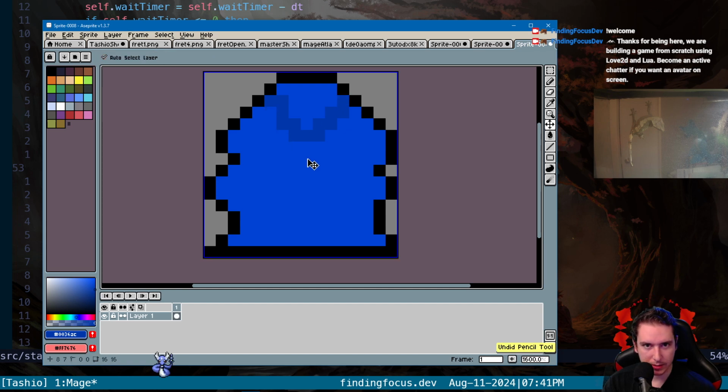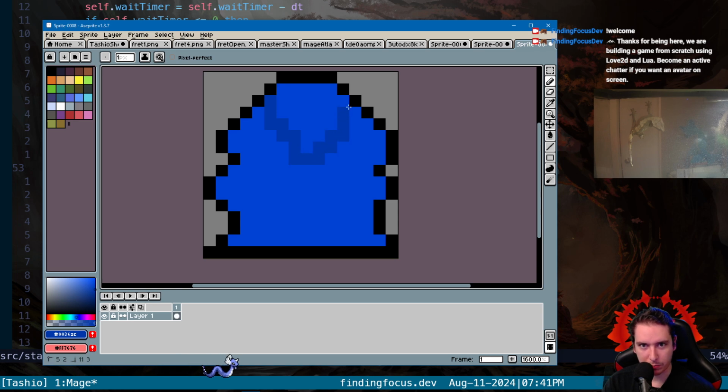Maybe there's a back of the hood that's flopped over back here, you know? So maybe we can do that. So his hood might be flopped over, and maybe that is giving a little bit of a bounce.